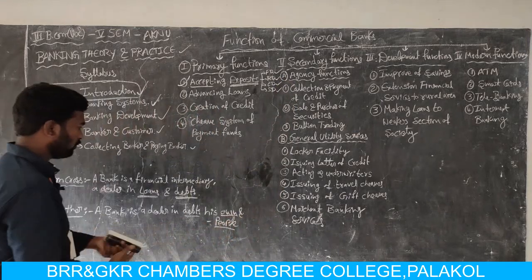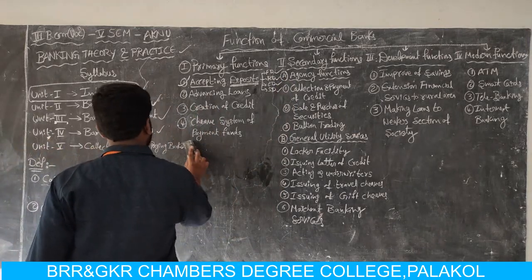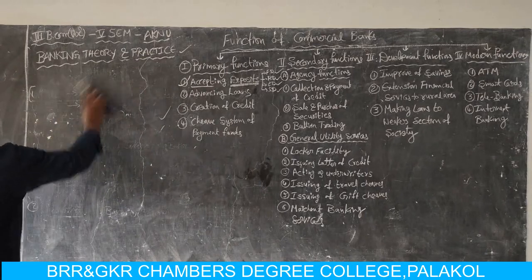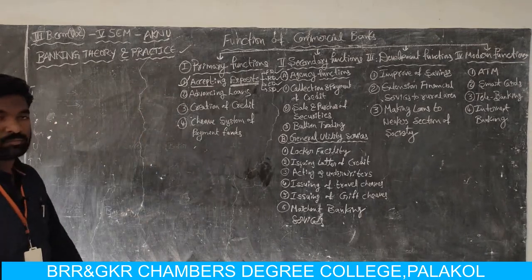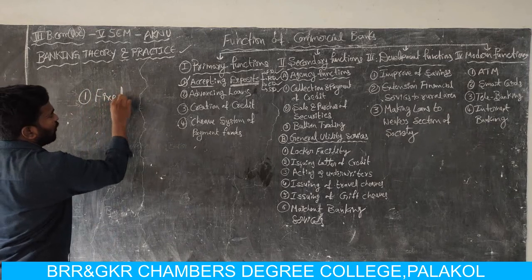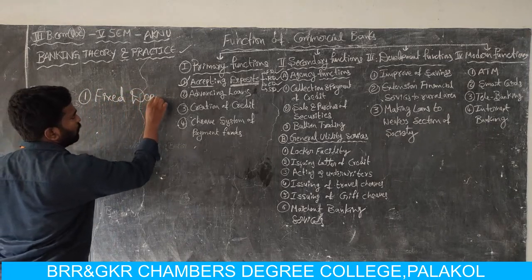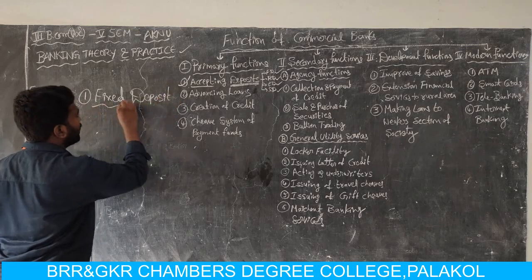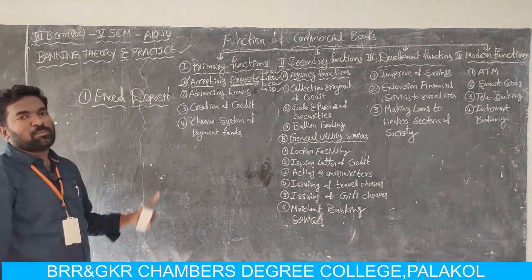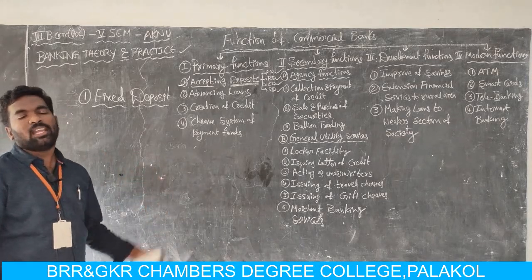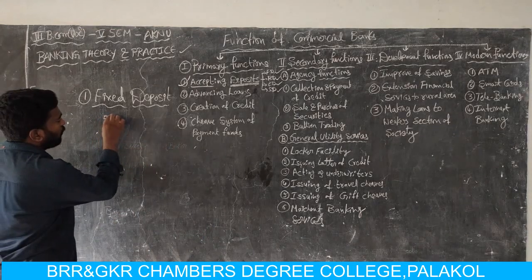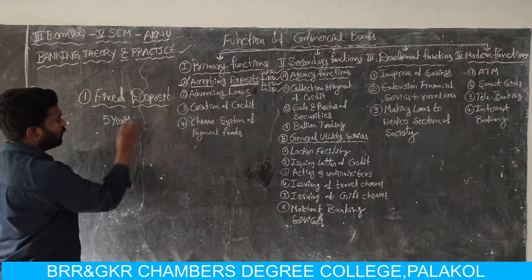First one is FD, which means fixed deposit. Fixed deposit means cash collected from the people as a long-term deposit, maximum 5 years.